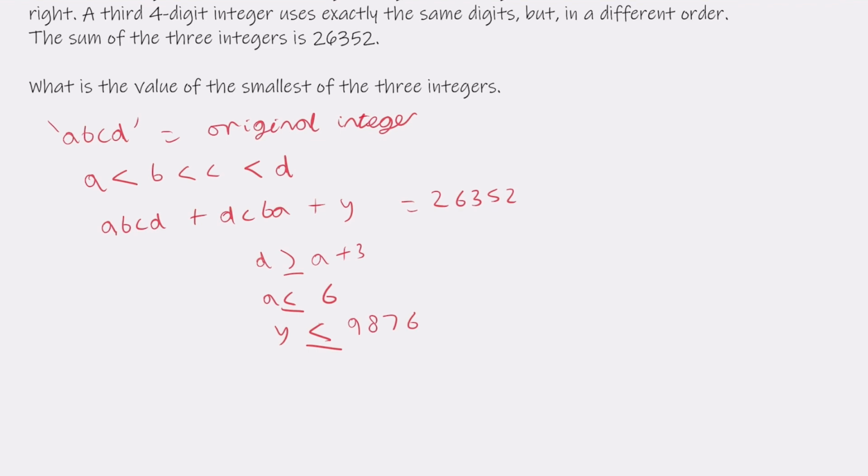And now we can just subtract that 9876 from the 26,352. And if you did that, you'd get ABCD plus DCBA is greater than or equal to 16,476.